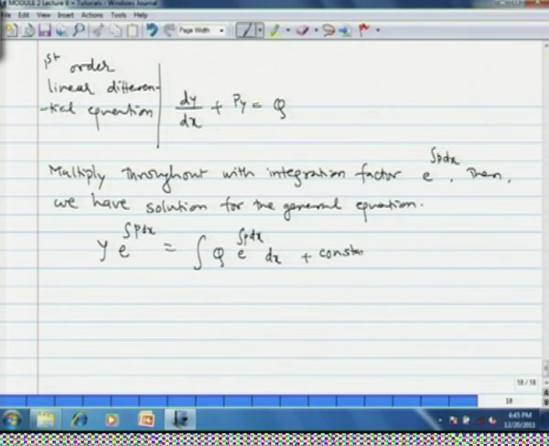So, this is a solution of the general form of this particular equation.